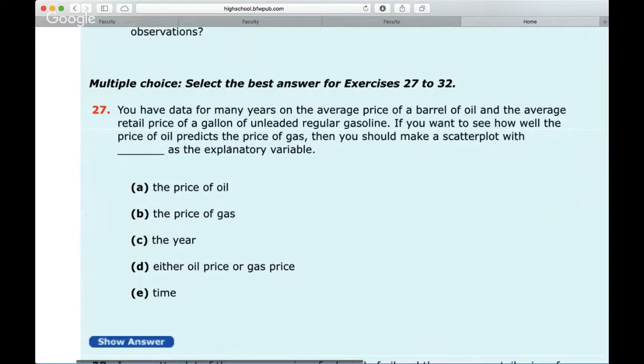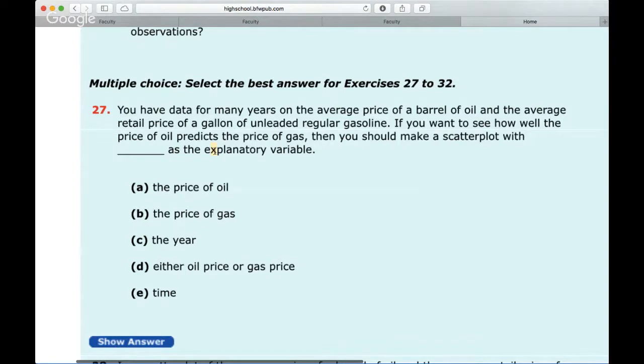Okay, so remember, explanatory means that it's on the x-axis, right? We talked about the x being explanatory, and it explains what the response is. So the response is on the y.